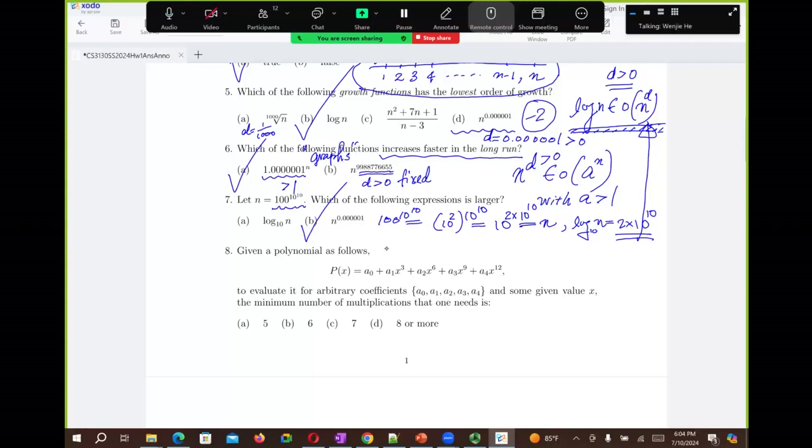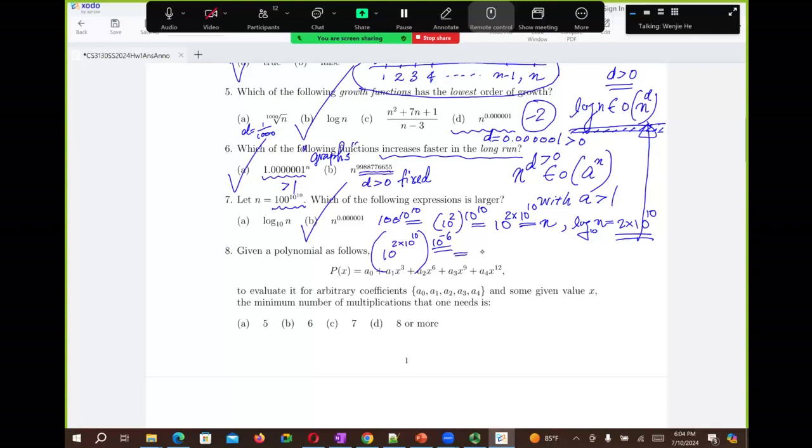Next, let's calculate the second one. 10 to the 2 times 10 to the 10th, this whole n number, with the exponent written as 10 to the negative 6th, scientific notation.